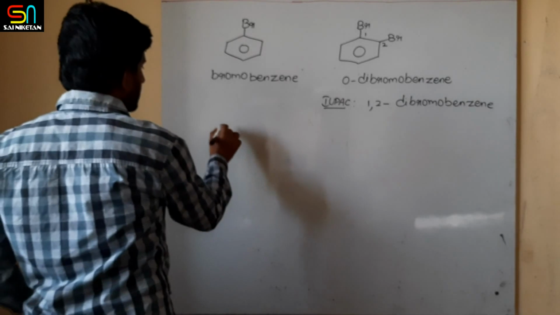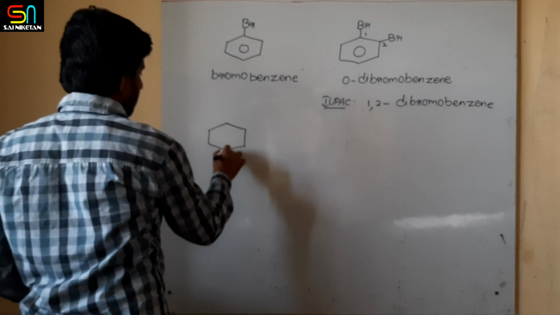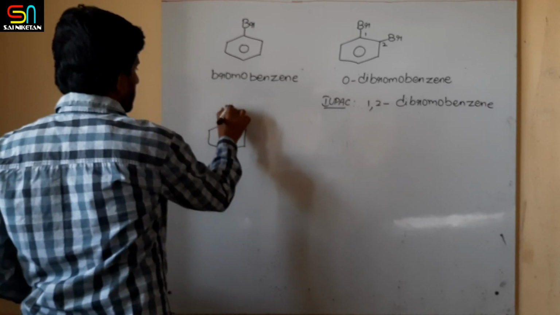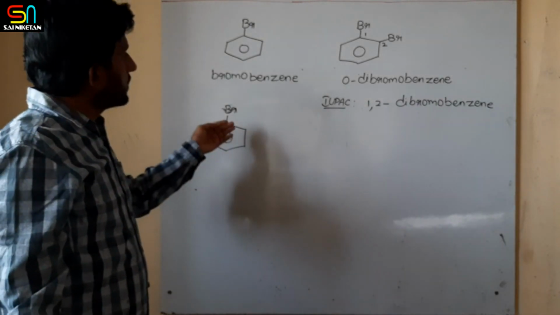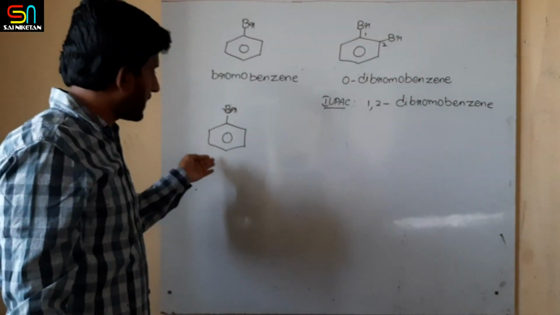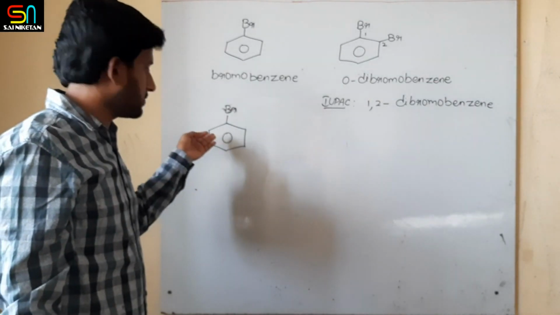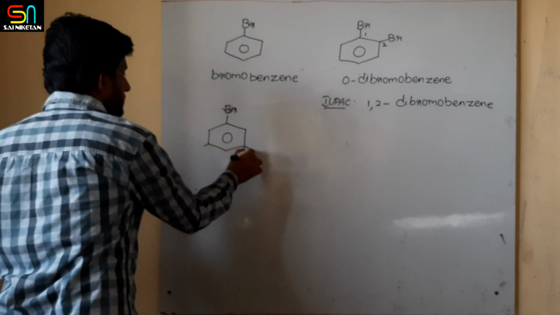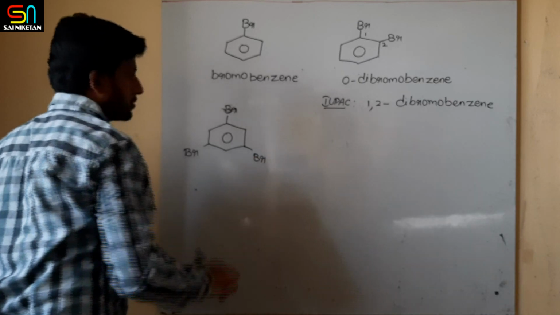Similarly, if you have bromine atoms attached in meta position, in para position, then you will say it as 1,3 and 1,4. And what about the name of this type of tribromobenzene?